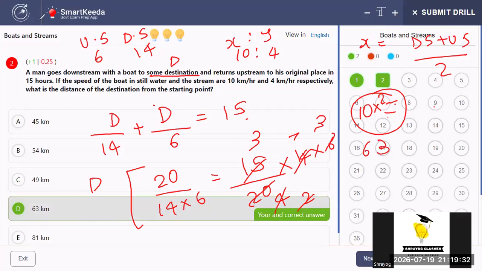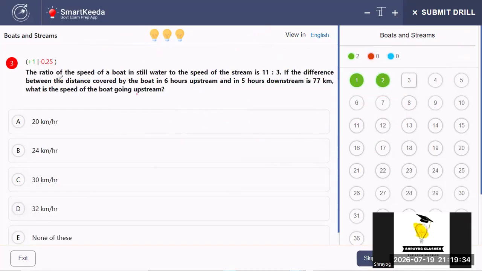Next, the ratio of the speed of the boat in still water to the speed of the stream is 11 by 13. So US and DS, the upstream and downstream, will be 8 and 14.